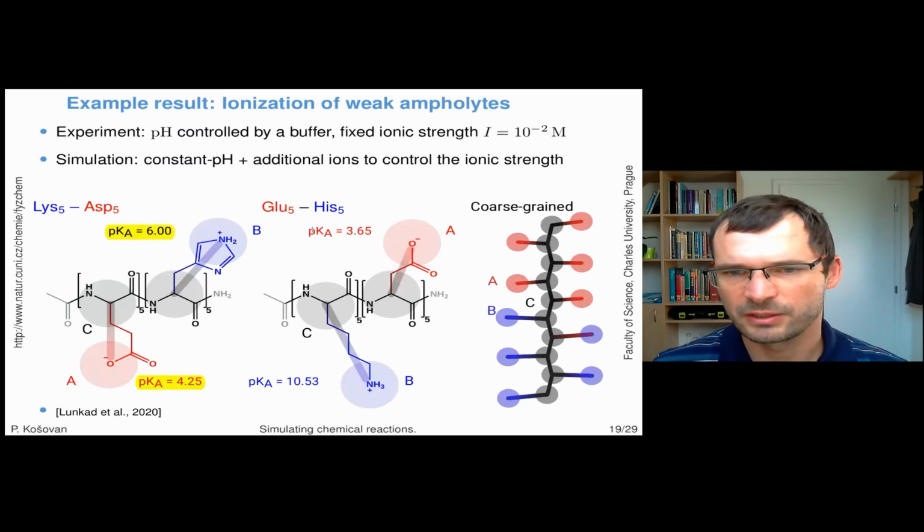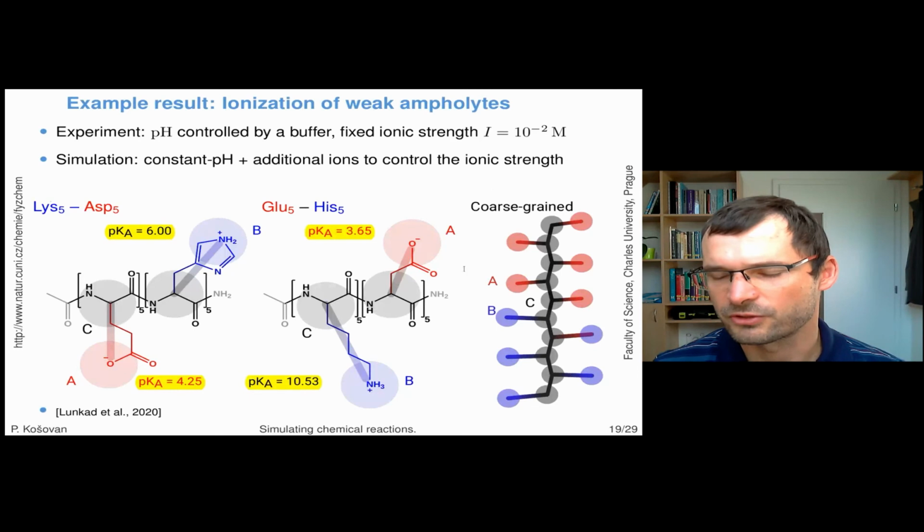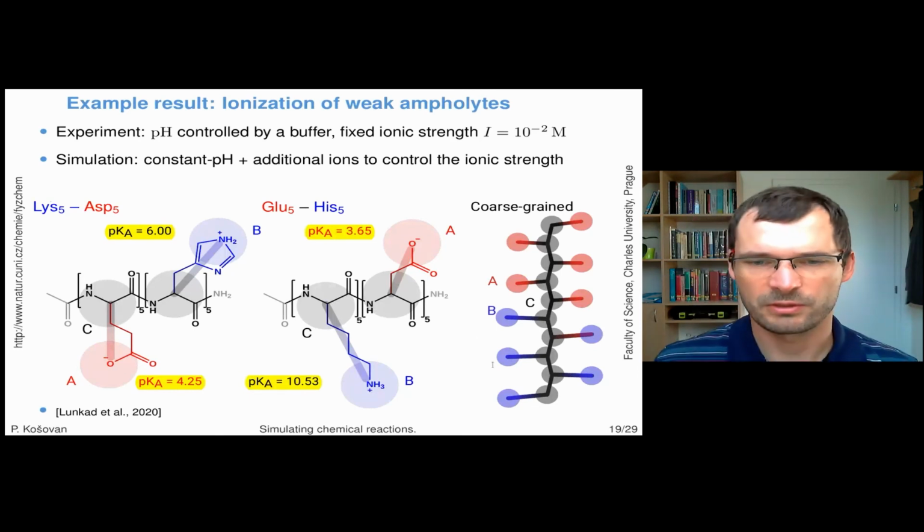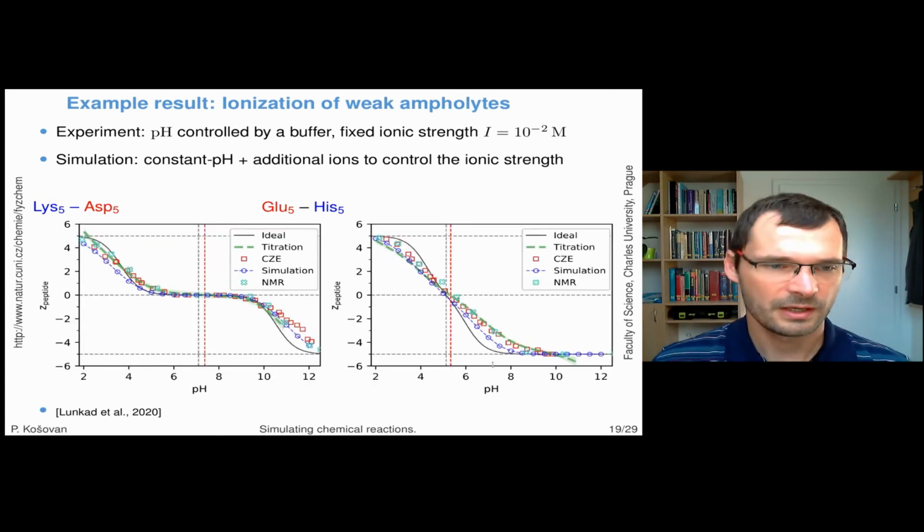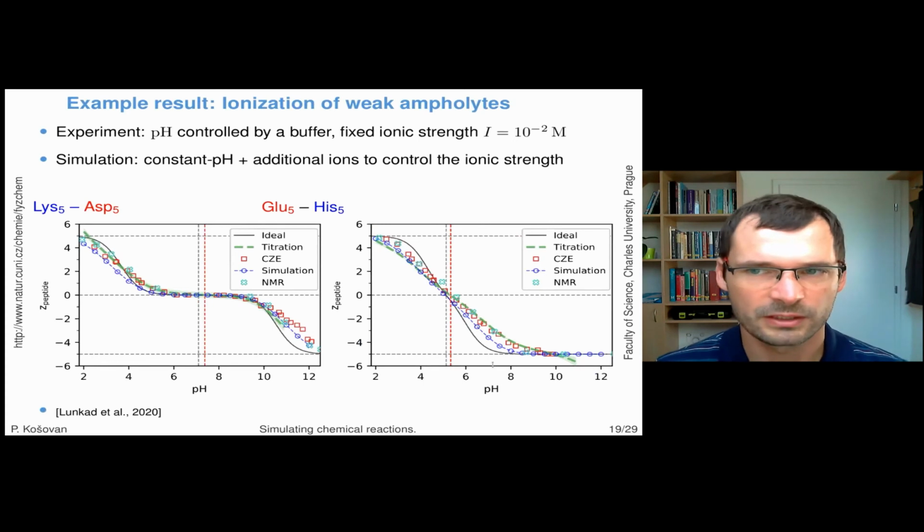These amino acid sequences were arranged in a block-like fashion, and we used this kind of coarse-grained model to simulate this system. And without giving too many technical details, let me just show you the main result.